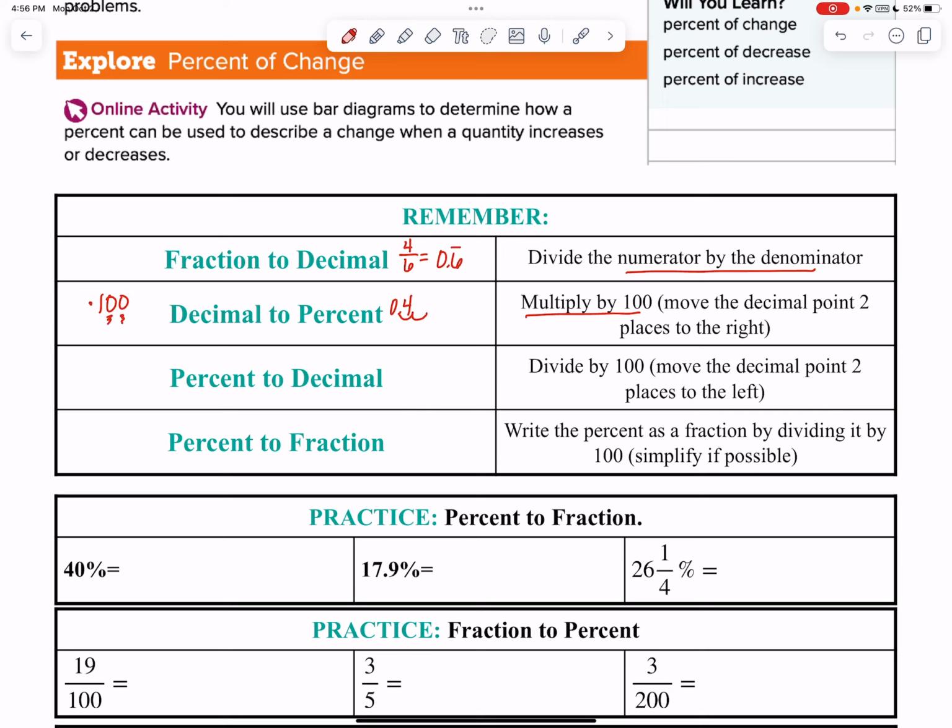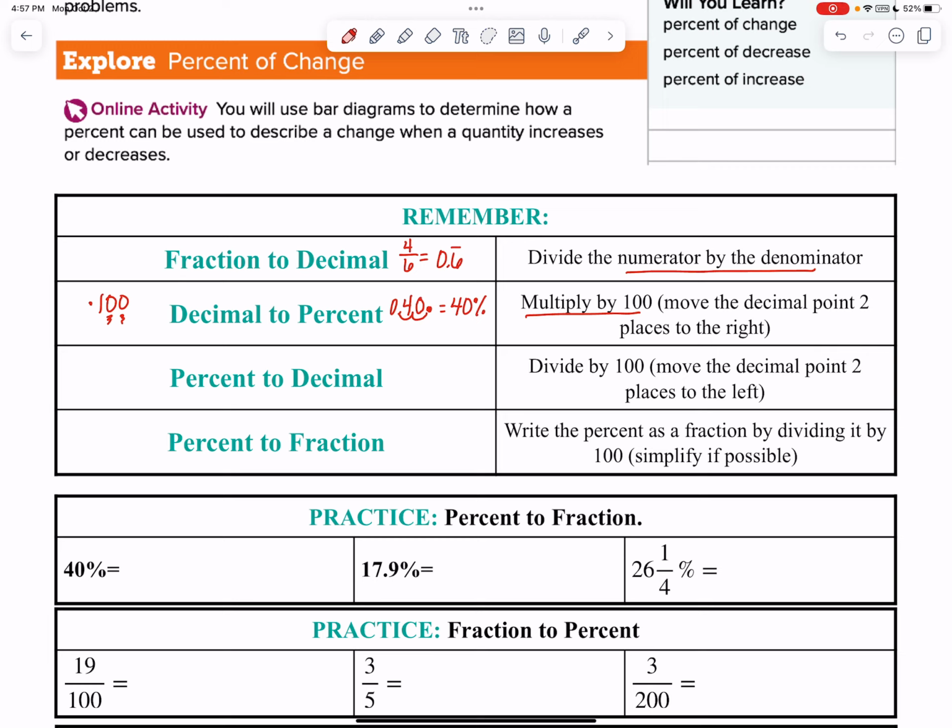And that's how that moves the decimal point, because times 10 is 1 spot, times 100 is 2 spots. And then you just fill that gap and really place your decimal point strong there. And so we end up with decimal to percent, it goes over to 40, which equals 40%. Okay, so that's that one.